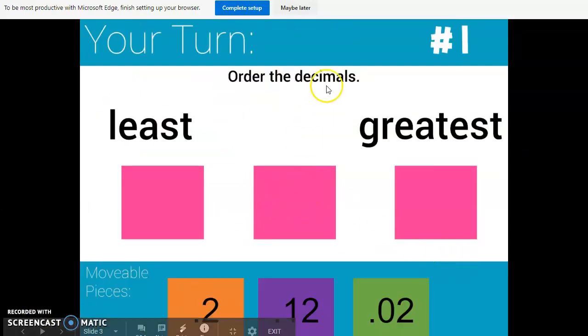Okay, so we're going to practice one, and you're going to write these in your notes as well. So as I'm looking, I have 2 tenths, I have 12 hundredths, and 2 hundredths. So I'm looking to see which number has the smallest value in the tenths place. So the smallest value I see here is a 0. So I'm going to click this one.